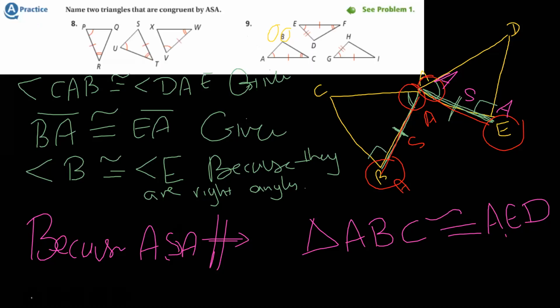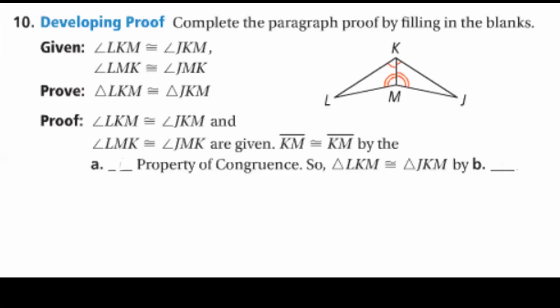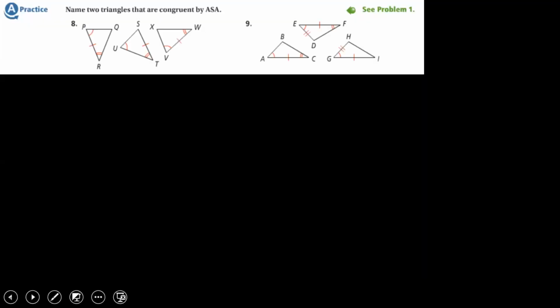Then here now. Name two triangles that are congruent by ASA. Let's solve number 8 now. I want Sarah now.